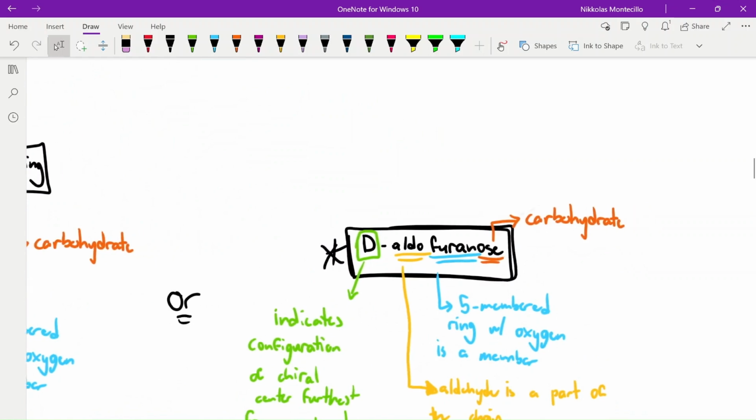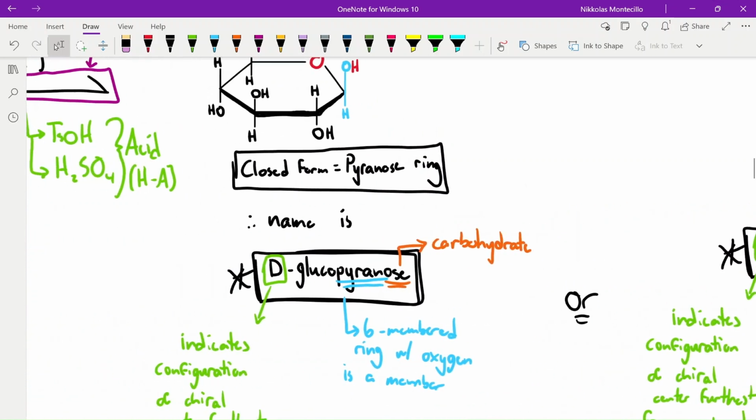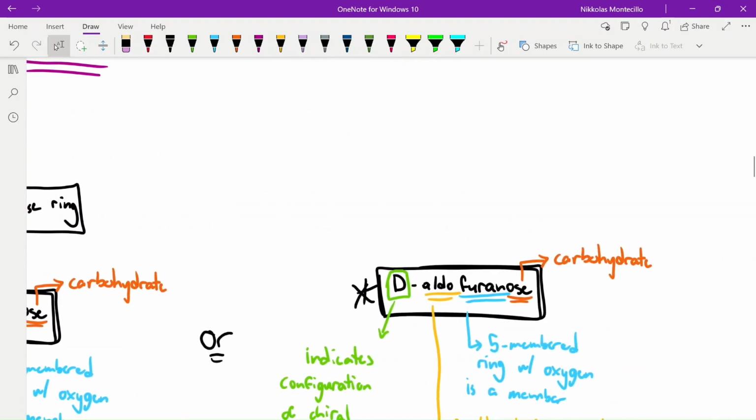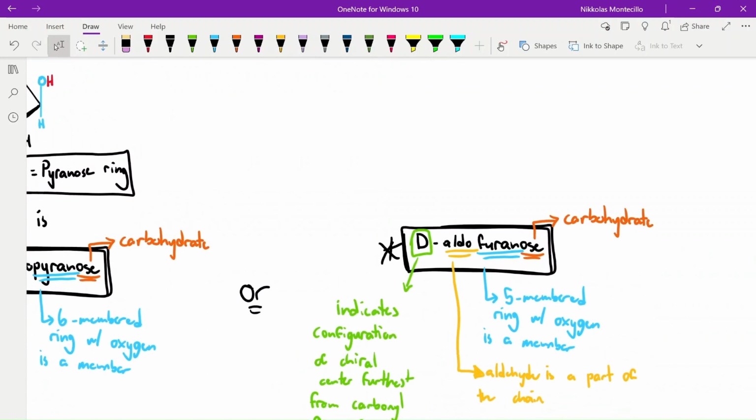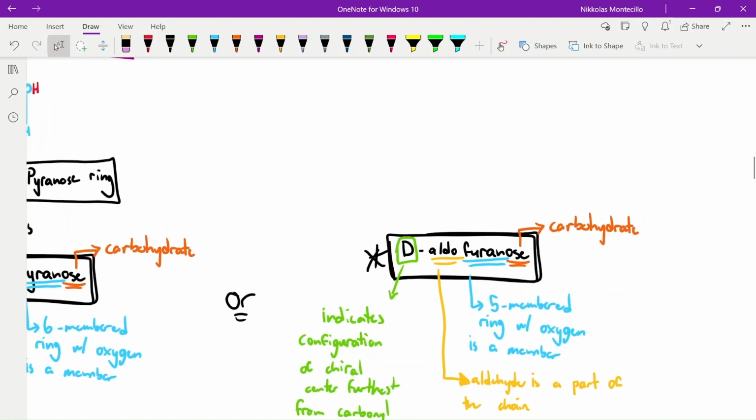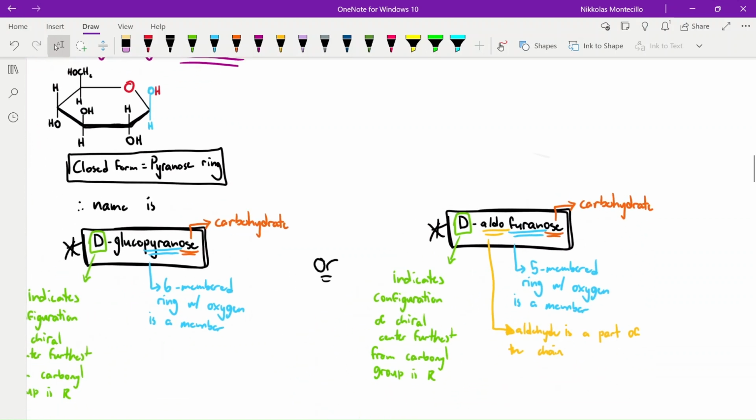We can also refer to this ring as D-aldofuranose, where aldo just indicates that the aldehyde is a part of the chain instead of a ketone, and then furan is just a 5-membered ring with oxygen being a member, and then ose just indicates that this is a carbohydrate.